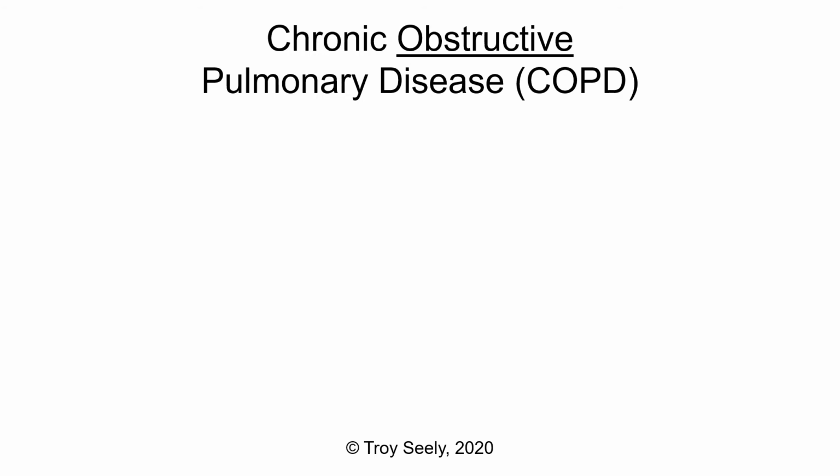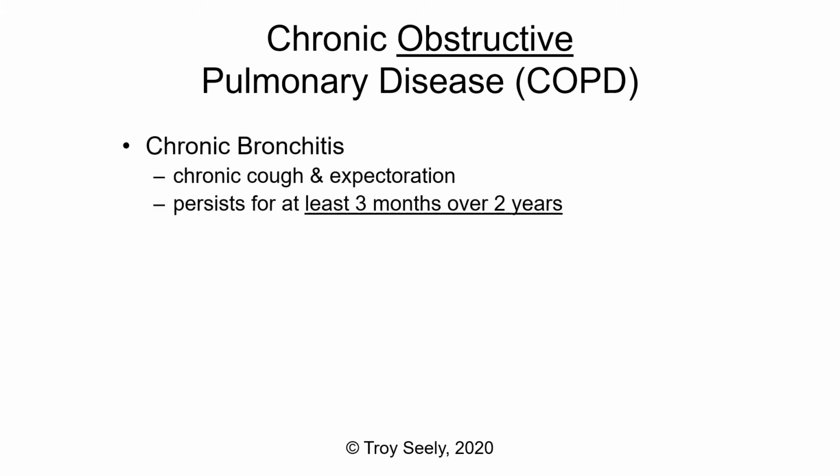Now moving into chronic obstructive pulmonary disease, sometimes known as chronic obstructive pulmonary disorder. Short form, COPD. And please notice I've underlined obstructive because it can act as one of the markers for identifying somebody who has this clinical condition. It's made up of two major components.